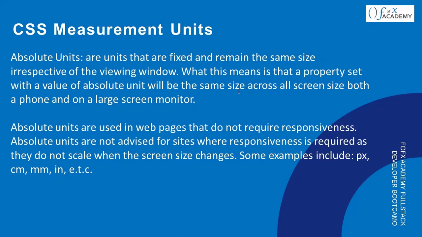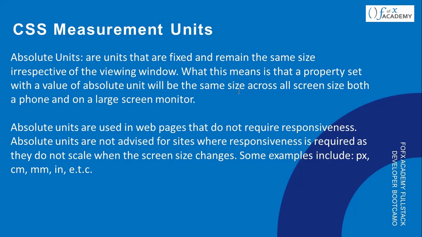Absolute units are units that are fixed and remain the same size irrespective of the viewing window, which could be your phone, your laptop, or large desktop screen. What this means is that a property set with a value of an absolute unit will be the same size across all screen sizes, both on a phone or on a large screen monitor.